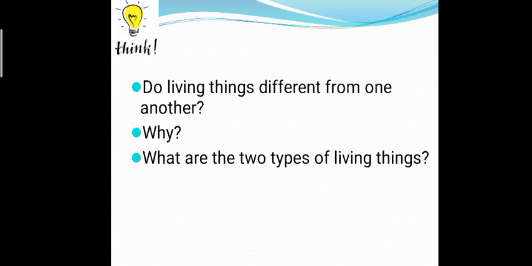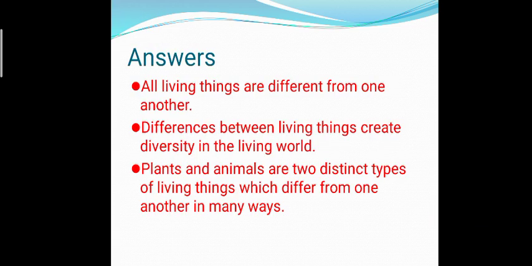Now students, are living things different from one another? Why? What are the two types of living things? Students, you can pause the video and try to think about these questions. Here the answers are: all living things are different from one another.